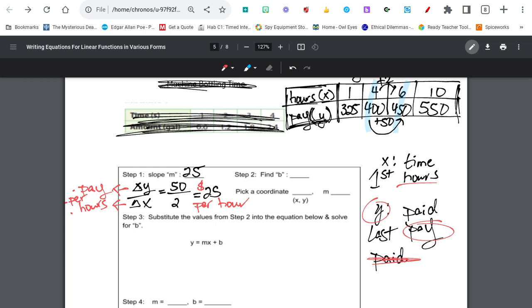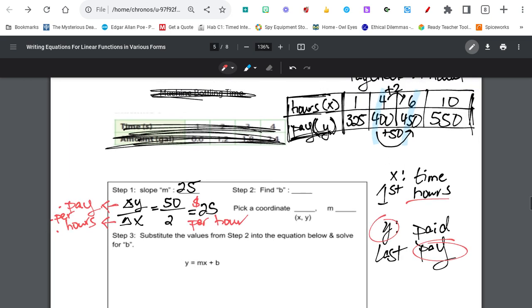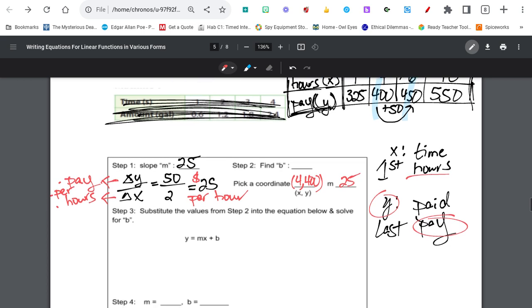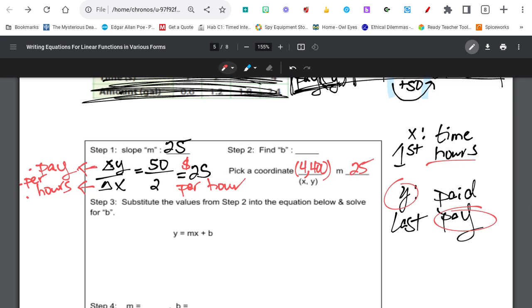Okay, so let's see. What we'll do is we'll find B by picking an ordered pair. I'm just gonna go with 400. Could have picked anything you want. M was 25. Somebody's making $25 an hour. And I'm gonna plug in. Well, Y is 400. If you're still confused about where I'm getting it from, Y is 400 right there.